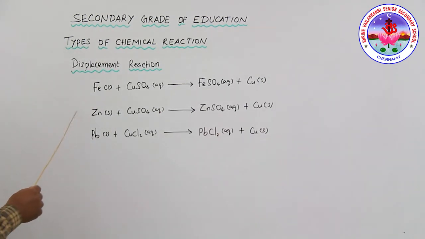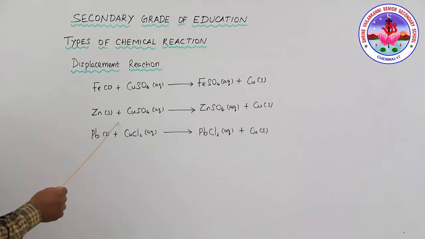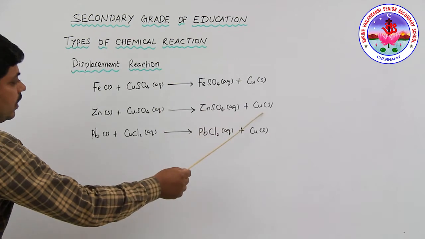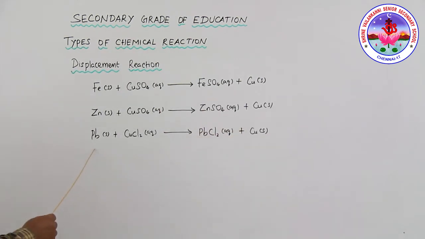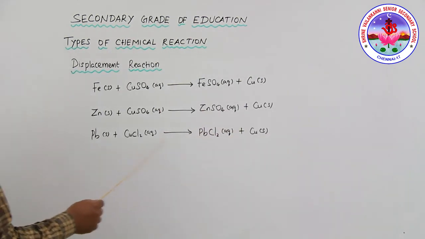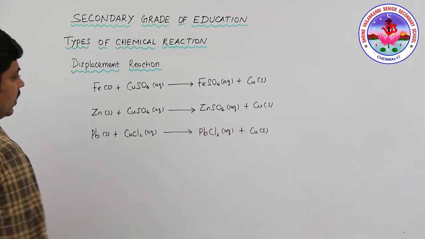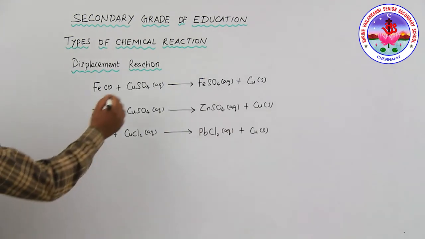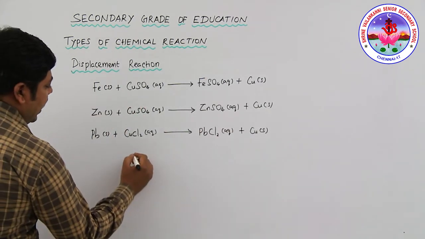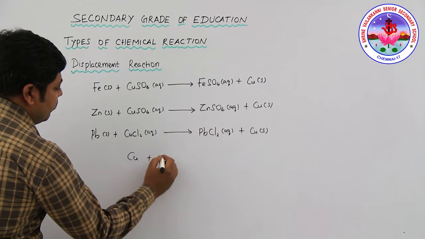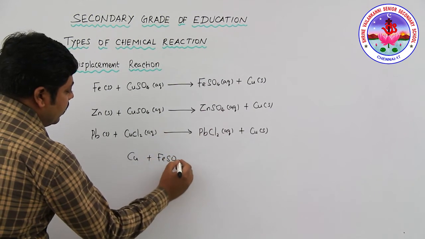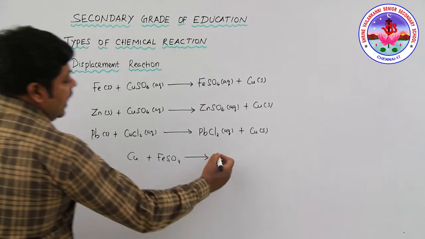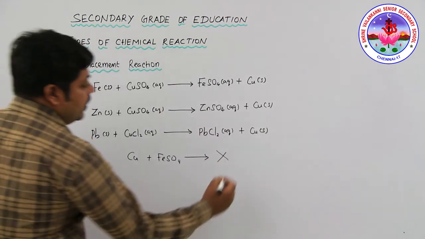Now similarly, zinc reacts with the copper sulfate to form zinc sulfate and copper. Then lead reacts with copper chloride to form lead chloride and copper. See here, suppose I have copper reacting with iron sulfate, what happens? There is no reaction. Why?